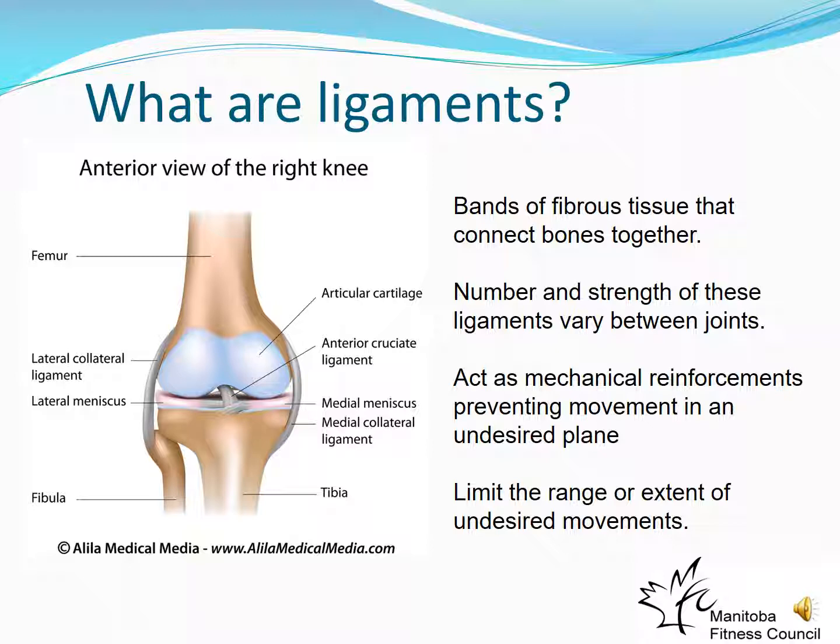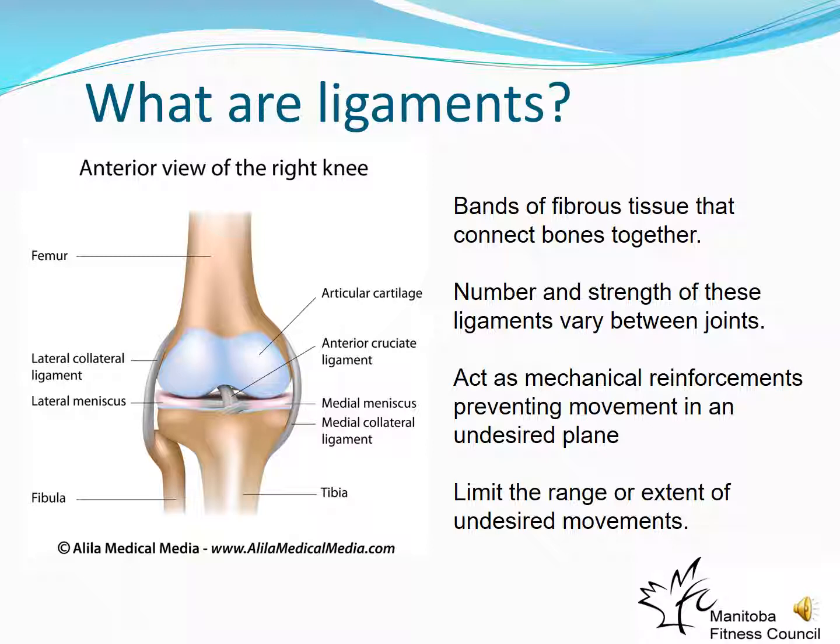What they're doing is they're spraining all those ligaments that are trying to prevent that movement. So all the ligaments that are on the outside of the ankle and foot, when they roll their ankle, that's what they sprain. So ligaments are there to limit the range and extent of undesirable movements.